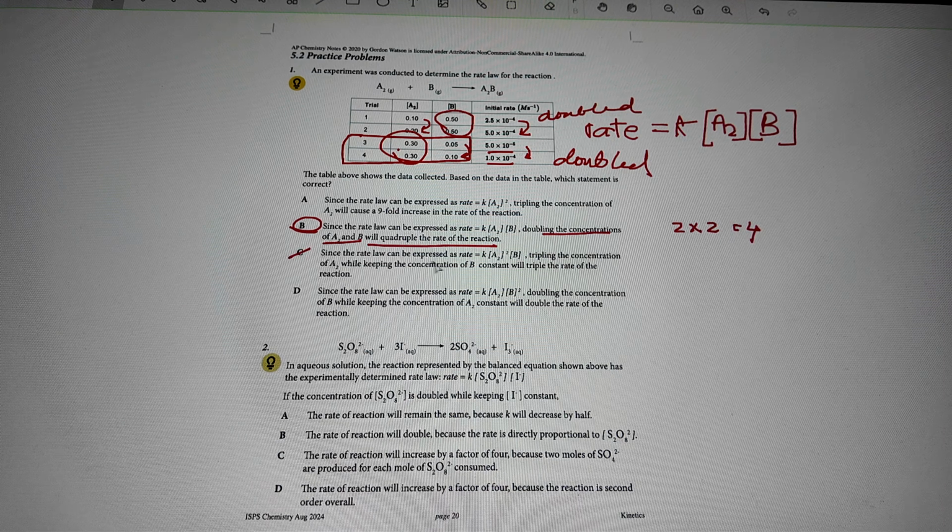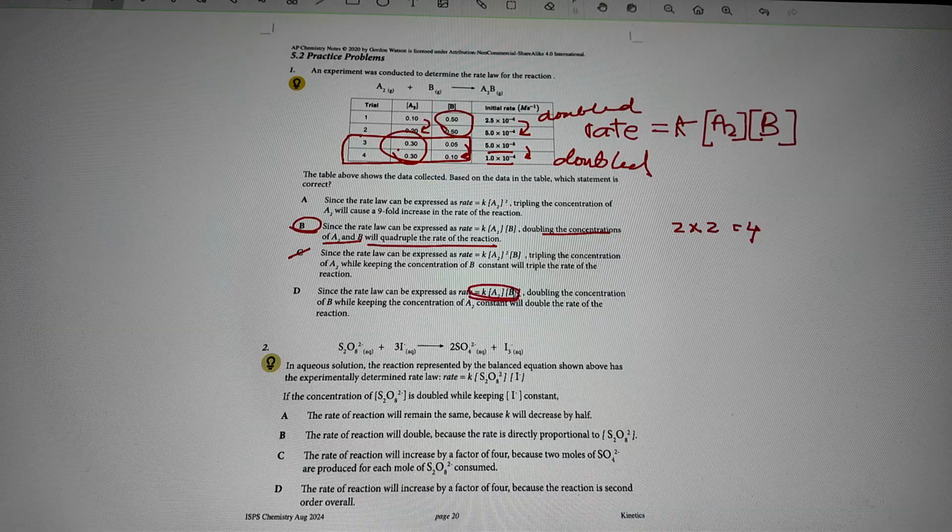Doubling the concentration of B will keep the concentration of A2 constant while doubling the rate of the reaction. But that's not what this says, so that's not written correctly.